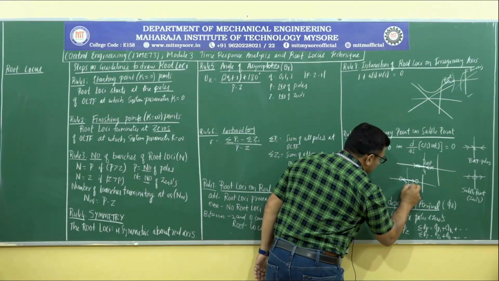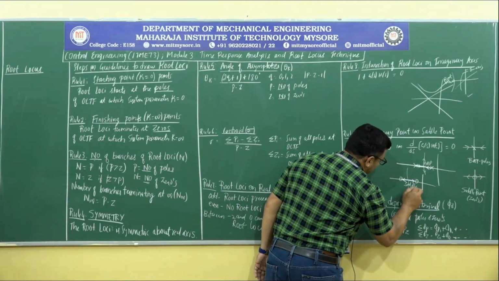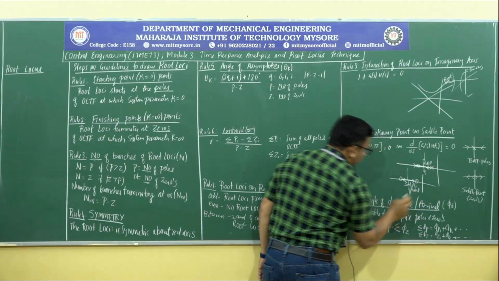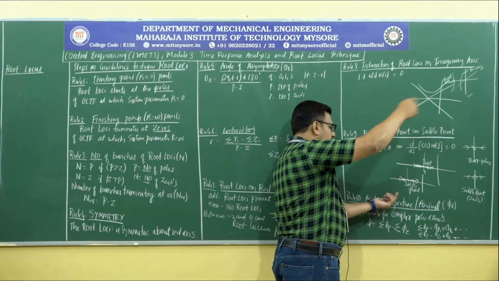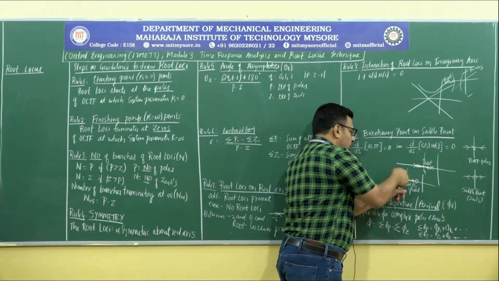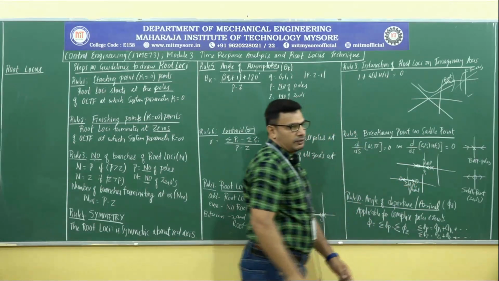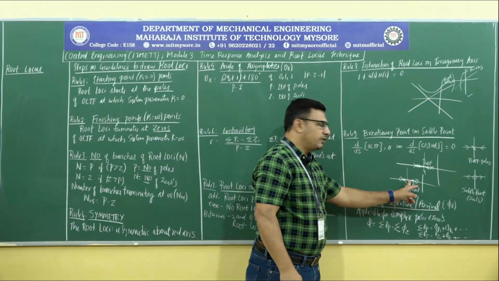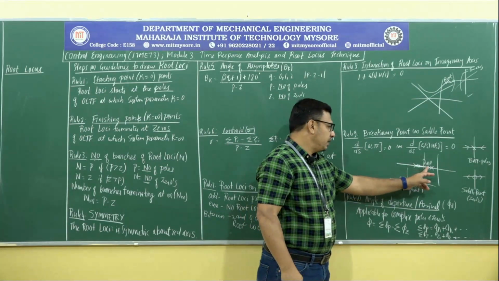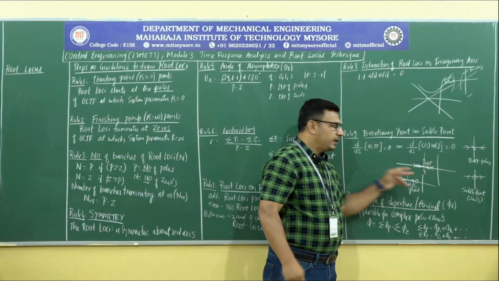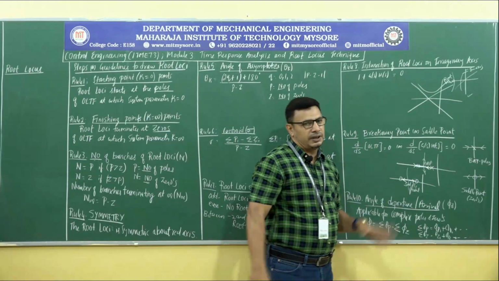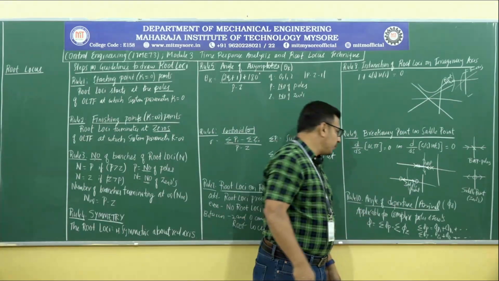This is called the saddle point. So, branches of root loci coming from somewhere, meeting here and moving towards these two zeros. Where it meets on the real axis, it is called the saddle point. Here, two branches of root loci colliding and breaking away is what is called the breakaway point.